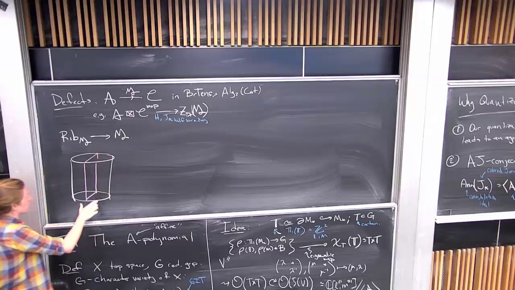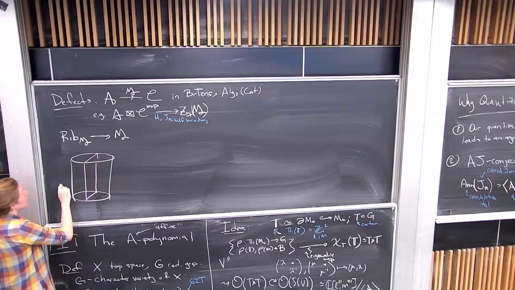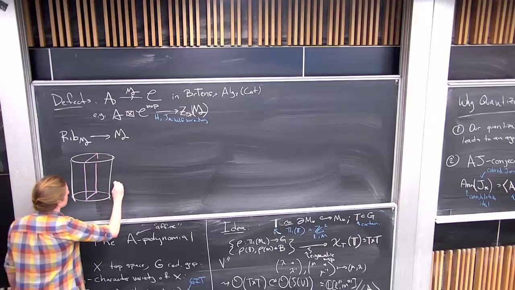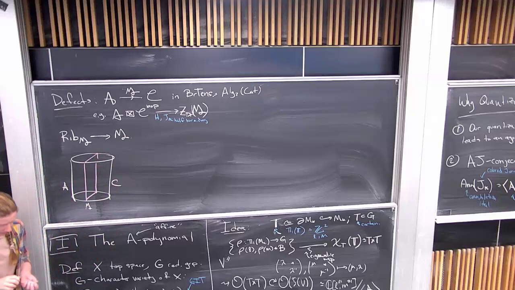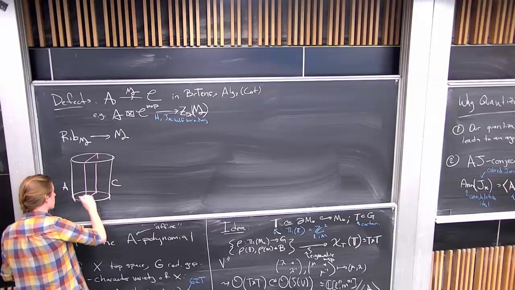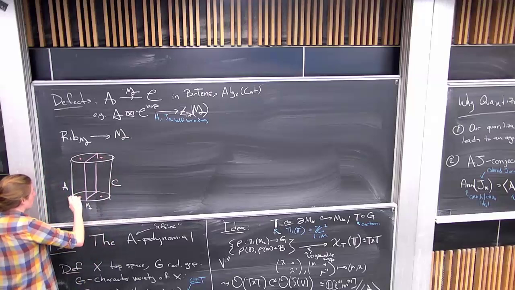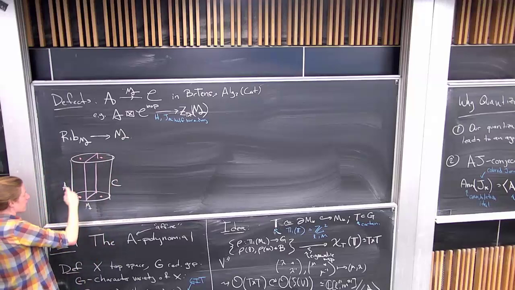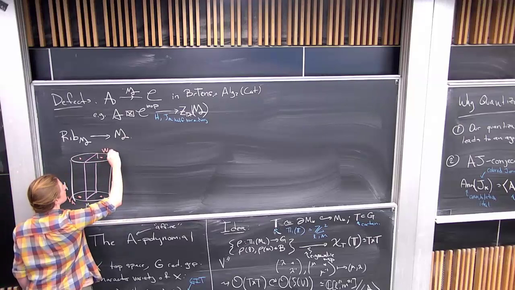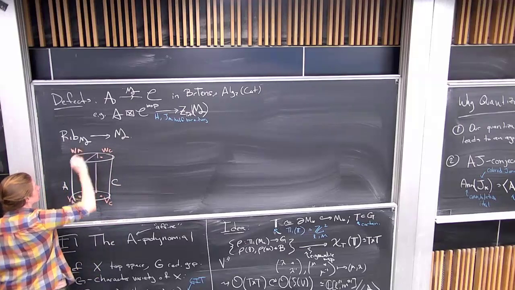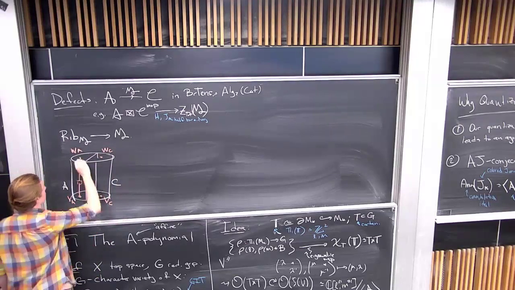So I'm gonna work with a stratified version of this disk, and I'll say this side is A world, this side is C world, and in the middle I have M. And now I can again have my morphisms. On this side, I need to have objects in my A category. This side, they need to be in C. Like this. And I can have coupons connecting.